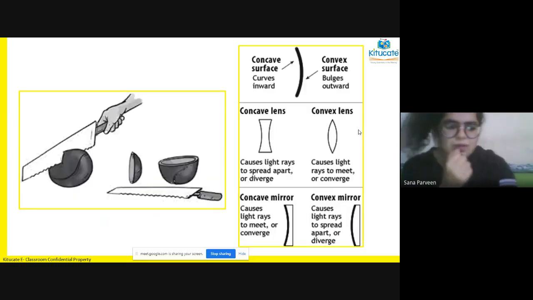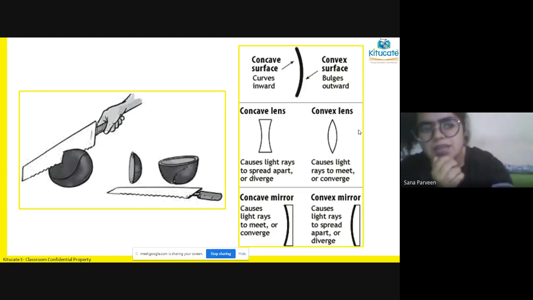Okay, now as we were talking about the ball, we took the ball and we are cutting it into pieces. So when I take the ball and I cut it into pieces, I get a small structure which is curved, and I get a large structure which is curved.